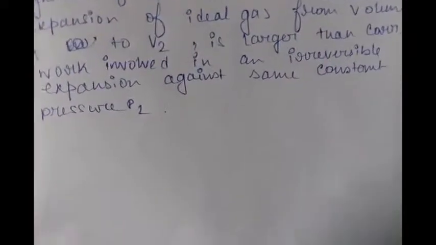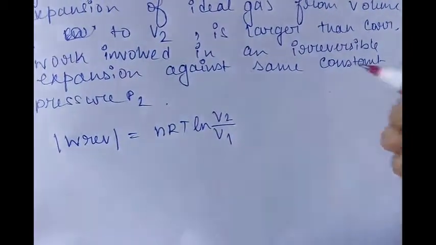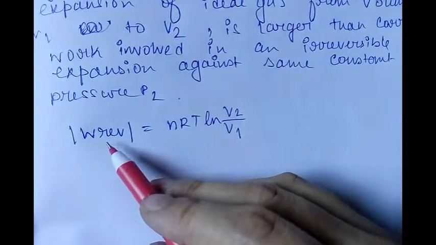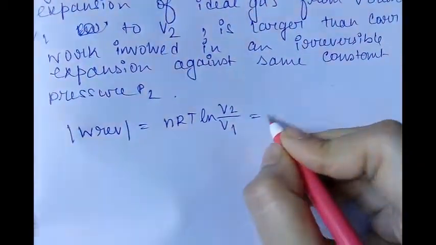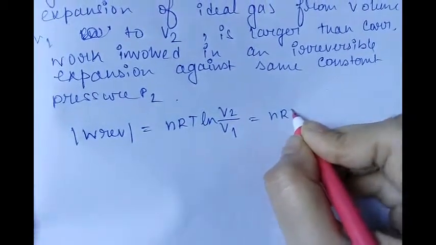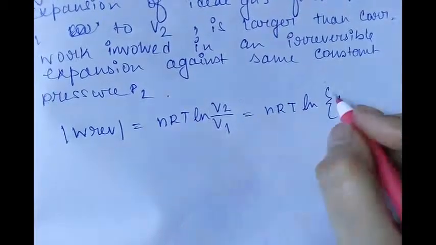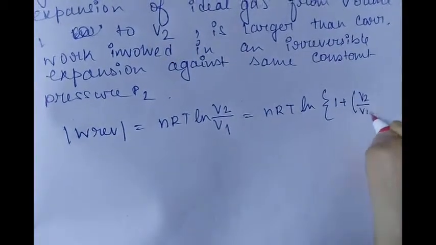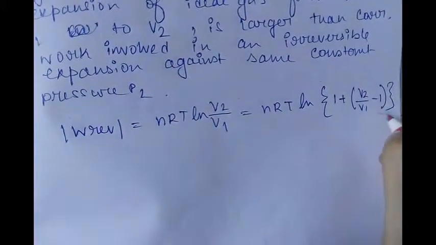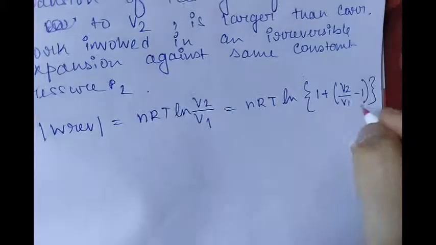We can prove that as follows. If V2 is the final volume and V1 is the initial volume, then W reversible, work done in reversible process, will be nRT ln V2 by V1. We can write nRT ln of (1 plus V2 by V1 minus 1), where plus 1 and minus 1 are taken.